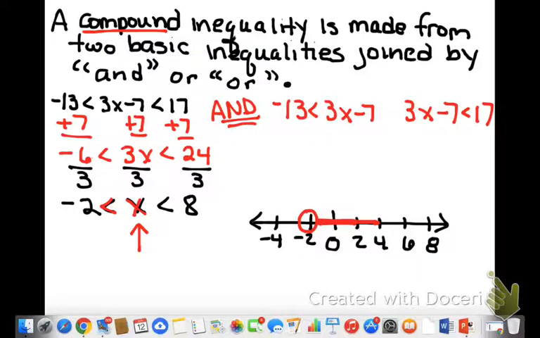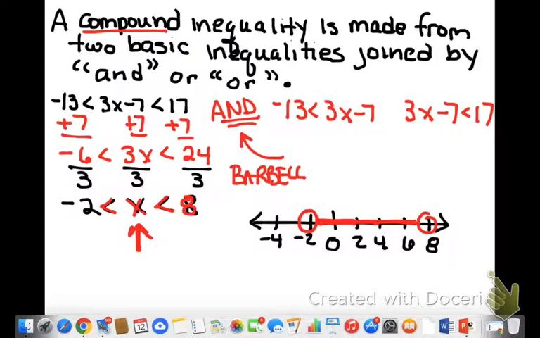Then we go again to the x, and it says x is less than 8. So we start at the 8. It's hollow again, and now we highlight towards the values that are less than. So when we have an "and" statement, our graph is going to look kind of like a barbell. That's not a math term, that's just a way to remember it.